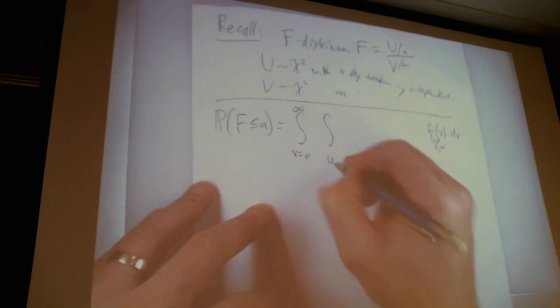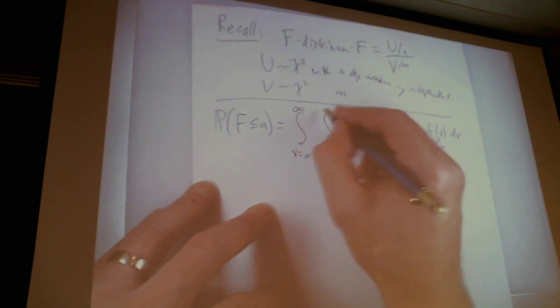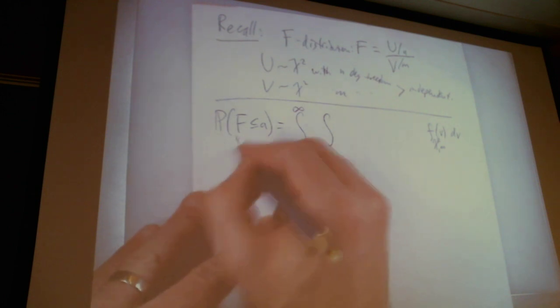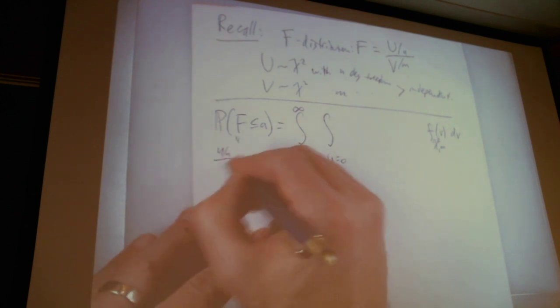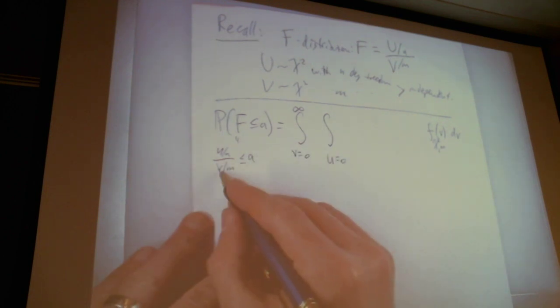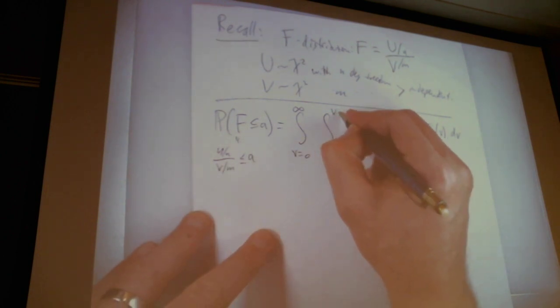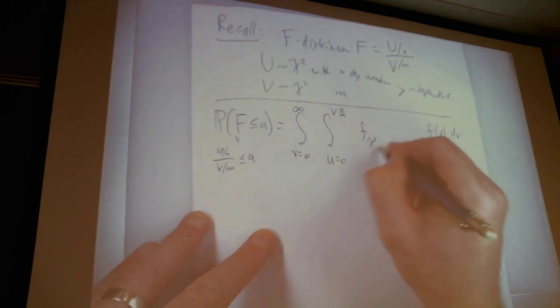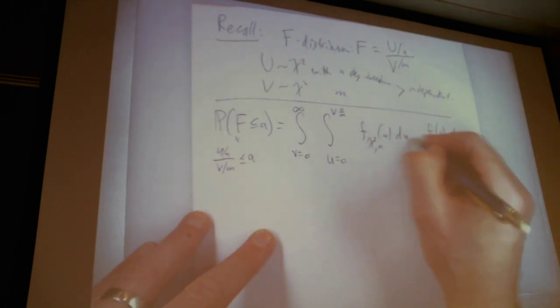There's a u integral. The u integral goes from 0, well, in principle to infinity, but we're bounded by the condition f is u over n divided by v over m, and this is at most a. So u will go up to v times n over m. That's the upper range of u. F chi squared n of u du.